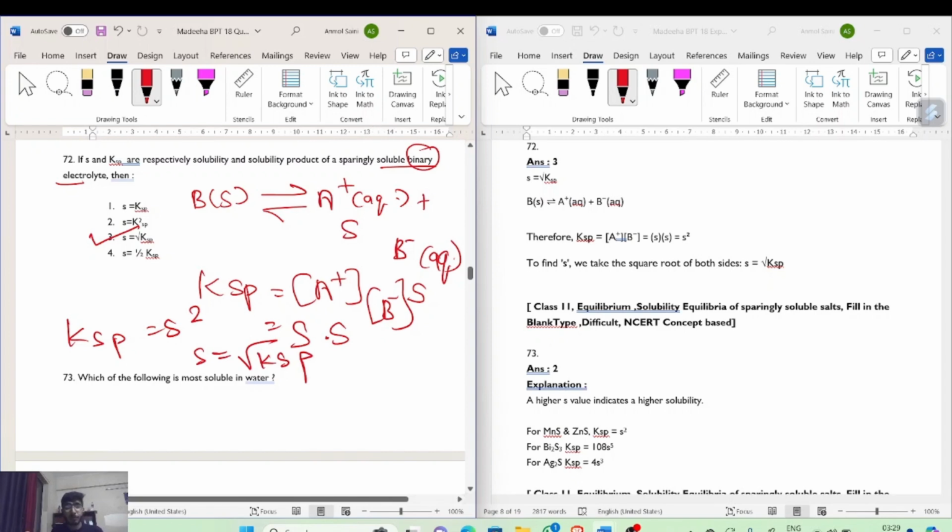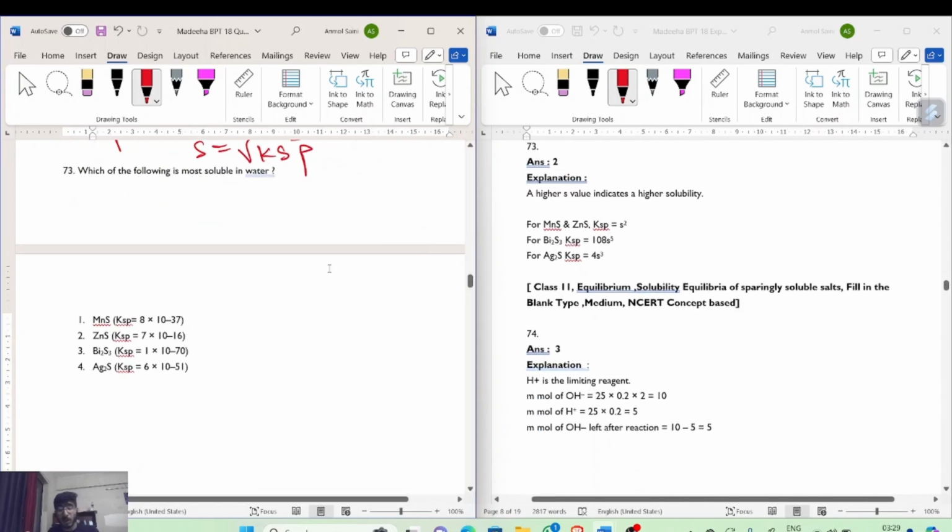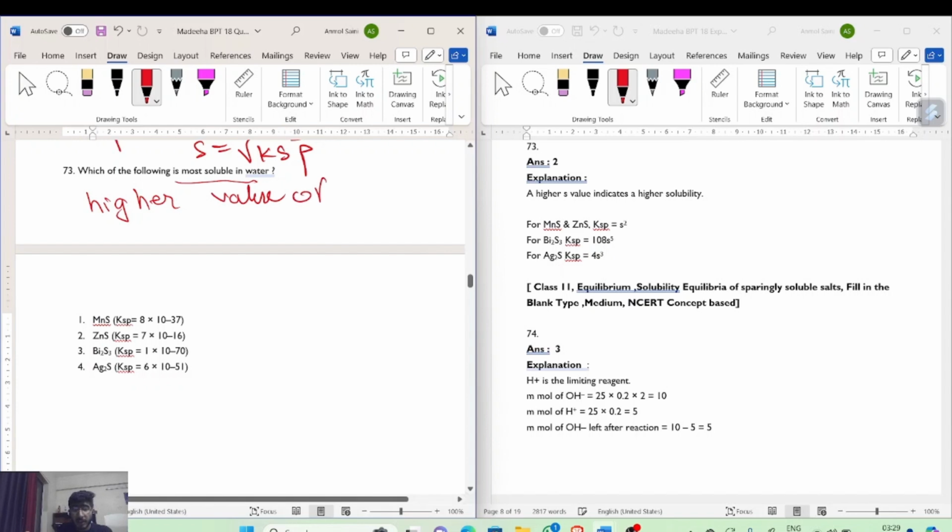Now coming to question number 73. It is asking which of the following is more soluble in water. If we have a higher value of S, that means highly soluble, or you can say more soluble.